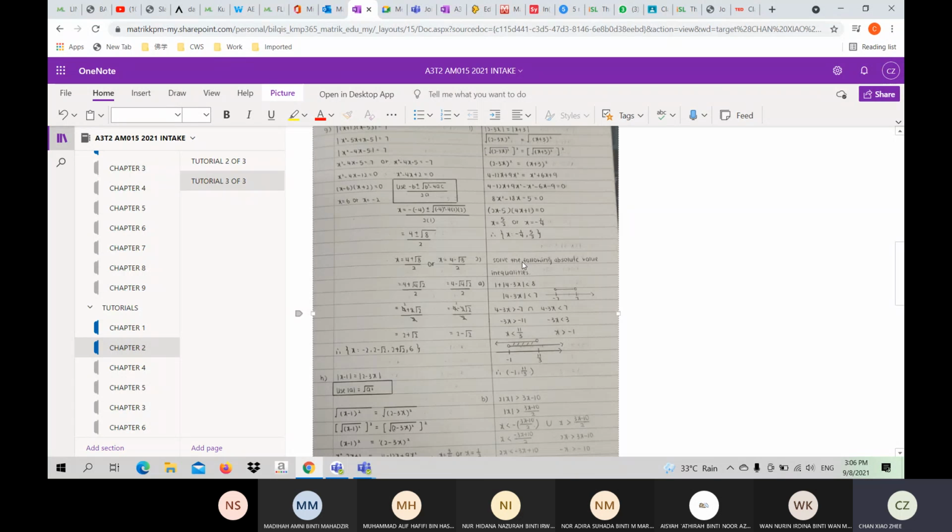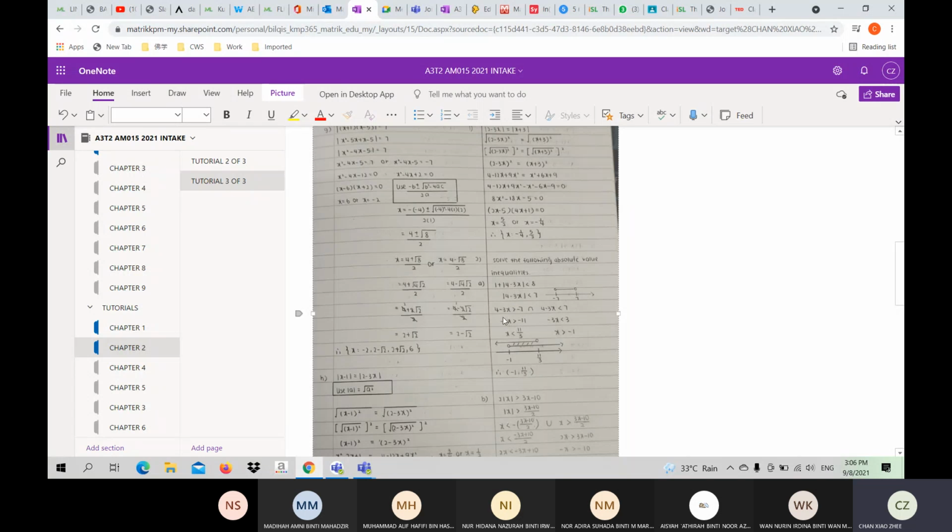Cara saya, kamu tinggalkan absolute value di left hand side. Maksudnya tak nak left hand side ada yang ada absolute dan ada yang tak ada absolute. So kalau kamu buat left hand side ada sahaja absolute, so will lebih memudahkan kamu buat soalan ini.